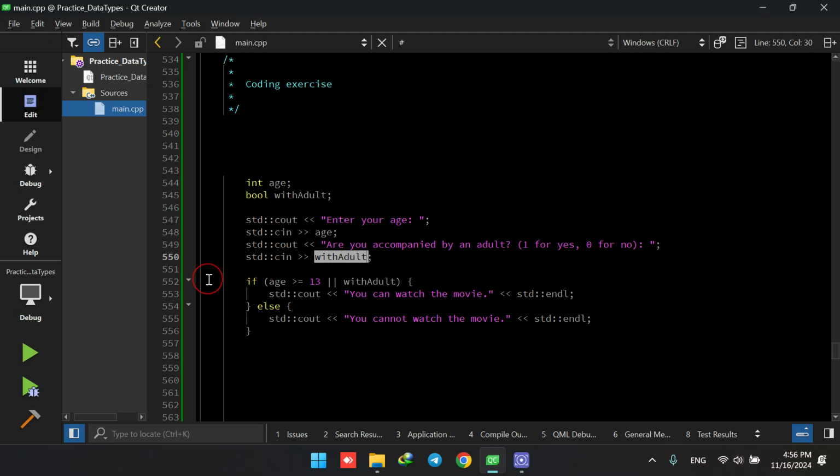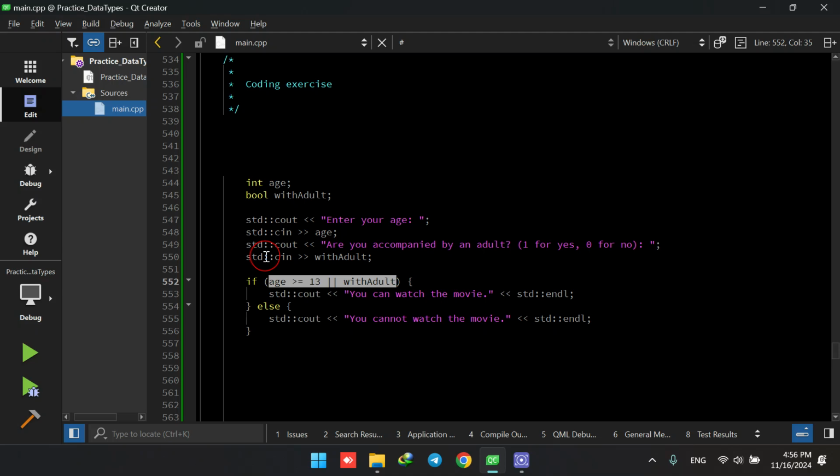Then we check the condition using the OR logical operator. In the OR logical operator, if you remember correctly, either of the conditions should be correct, not necessarily both of them. If both of them are correct, it's okay.